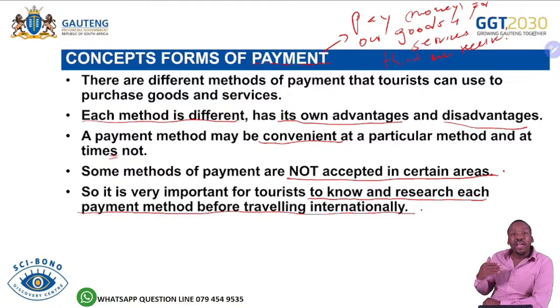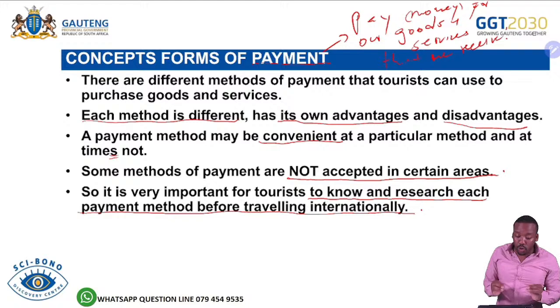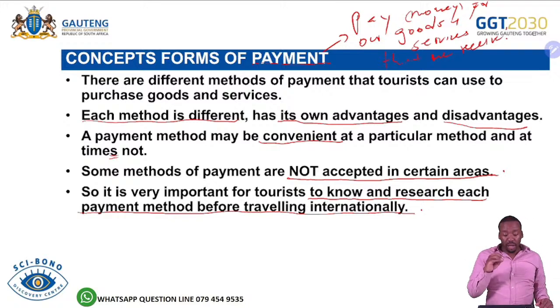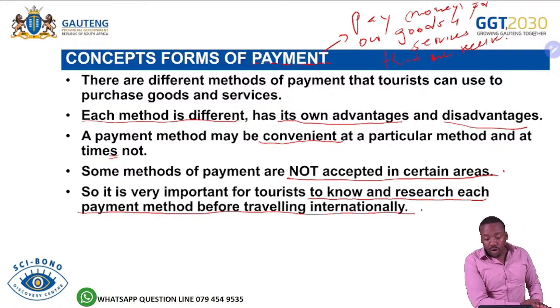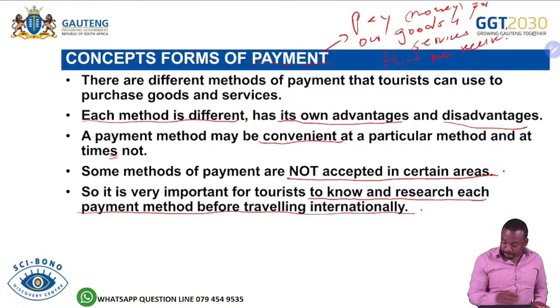Each method of payment is different, and each has its own advantages and disadvantages. The main thing to look at again is the convenience of that method at a particular time. Sometimes a payment method may not be accepted in certain areas, so you need to know and research each payment method before traveling. That's what we are now going to be looking at.